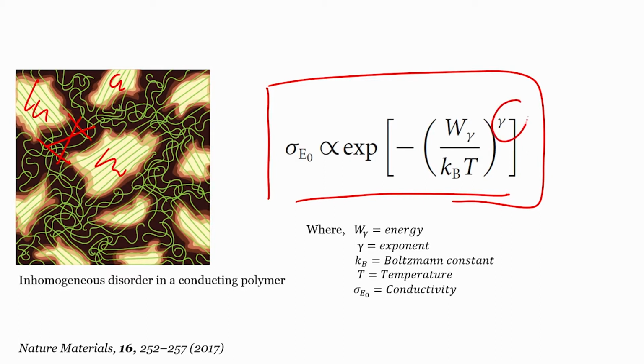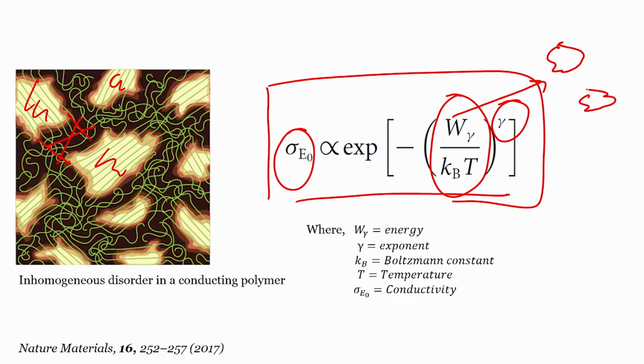We talked about an exponent which is dependent on temperature, and then we found how this particular conductivity, which is again temperature dependent, can be expressed in terms of the exponential of this particular function, whereas the energy required for the charge carriers to transport from one conducting island to another is again dependent on temperature and is also a function of this exponent. Please keep this picture in mind, because in the next few minutes we are going to delve in more detail keeping in mind this particular picture.